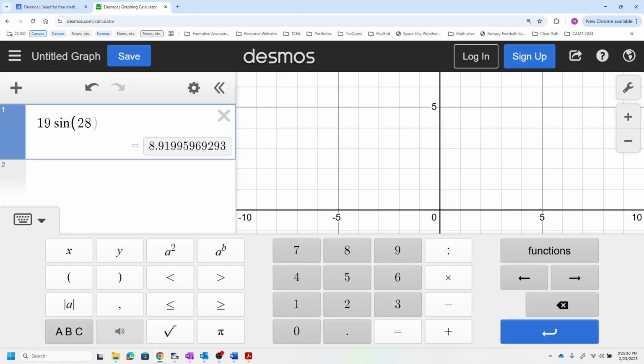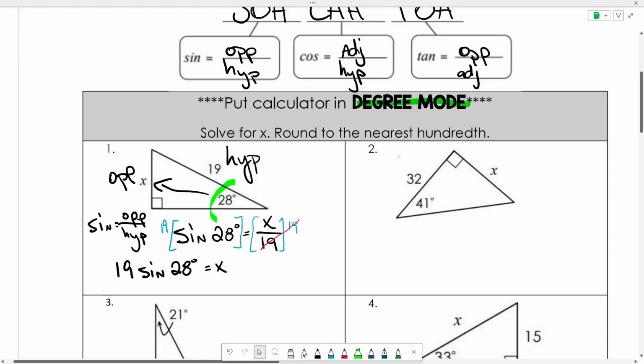And it gives me right here 8.91995, a whole bunch of decimals. We don't need all those. Our instructions tell us that we need to round this to the nearest hundredth, so that'll be 2 decimal places, so 8.92. So coming back over here, I would say x is equal to 8.92.